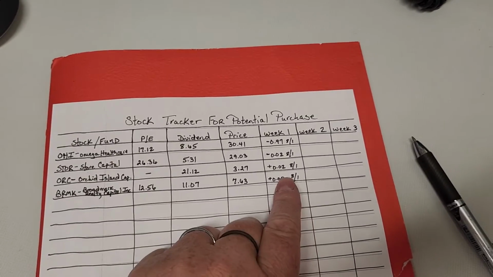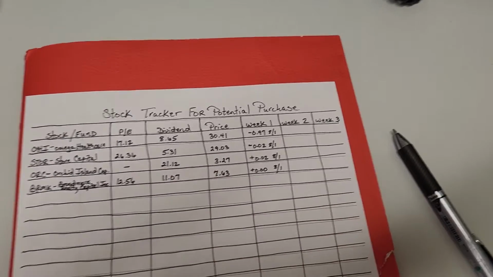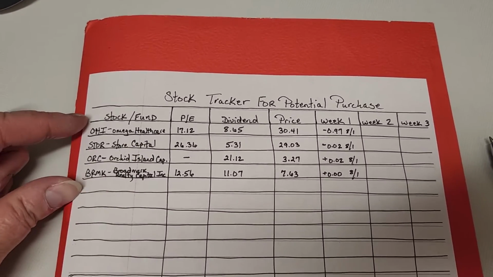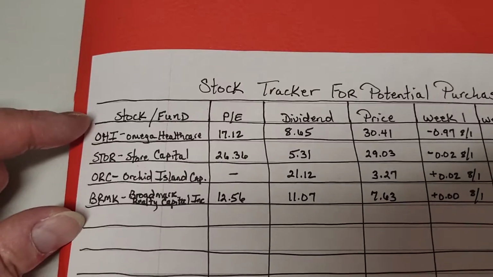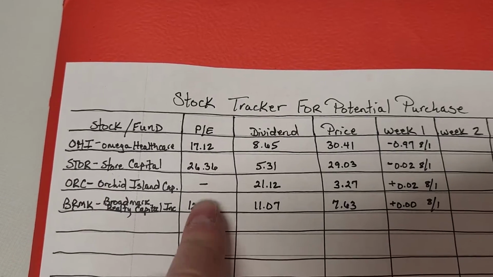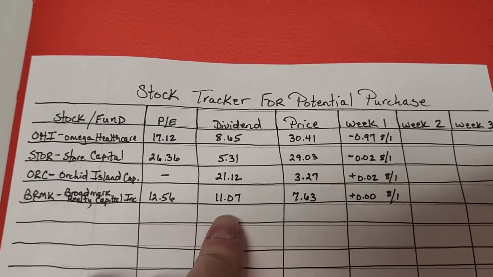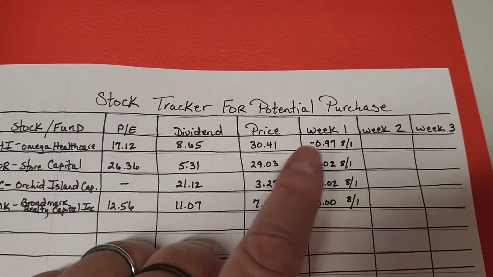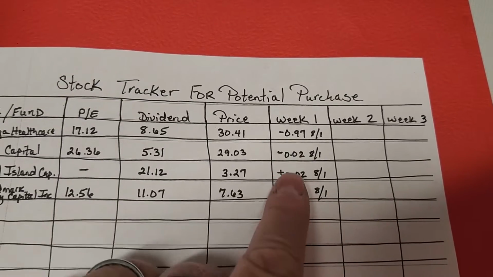I do one for up to 3 weeks to see how that stock performs before I even purchase it. So I have 4 that I'm kind of keeping an eye on. What I do is I put the stock and the fund there, and then what the P/E is, the dividend, if they're getting any dividends right now, the price of that stock as of week 1, and how it's performing.